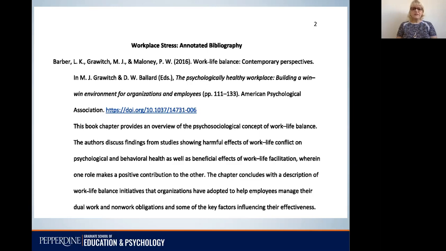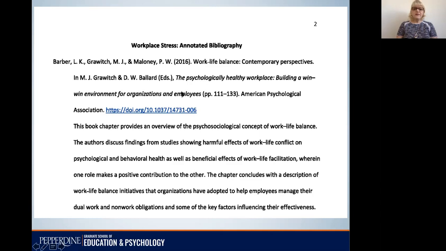And what that means is you're just making a note or you're summarizing what this source is all about. So that's the type of assignment this is, just to show here's my source and then here's a note or a summary about it. And then many of your professors will also ask you to think about how helpful it is or how it will fit into your literature review or your research paper.